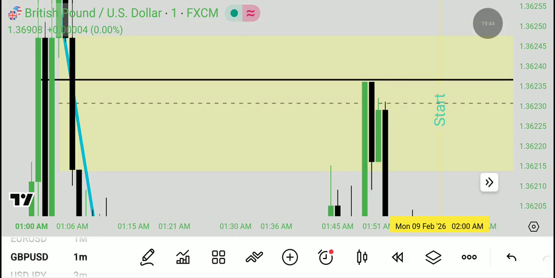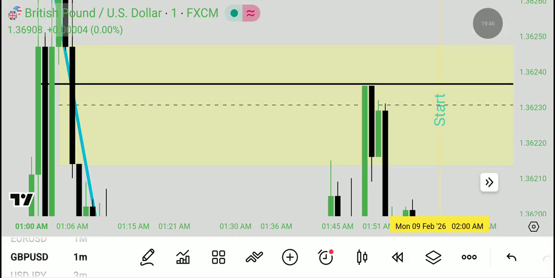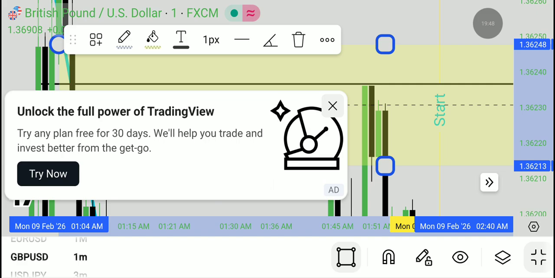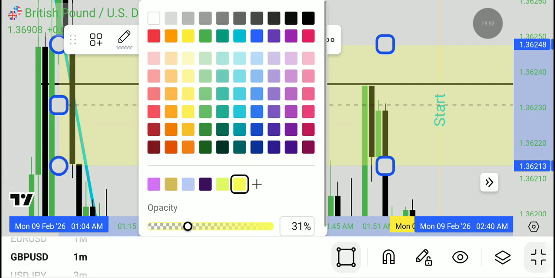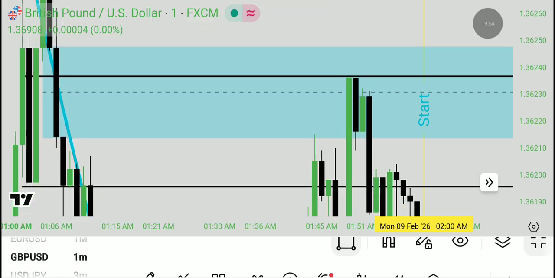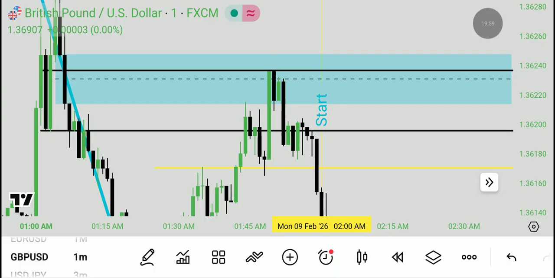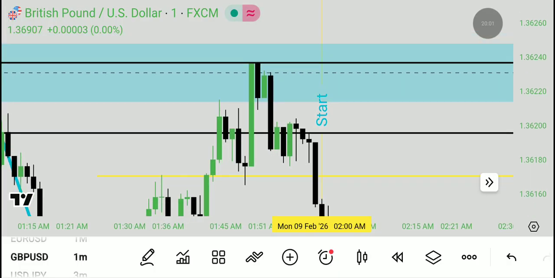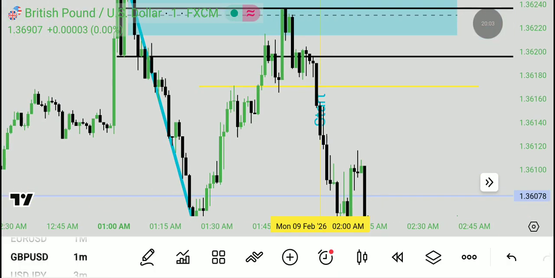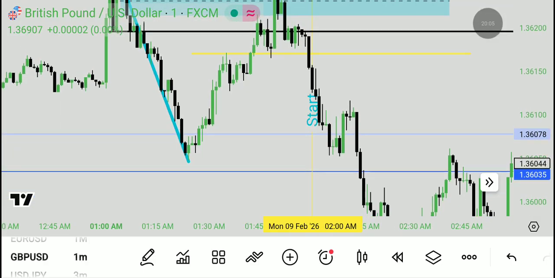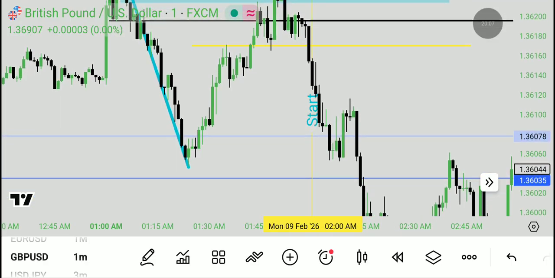Do you see how the market respects the favorable gap perfectly? And then when the market has moved perfectly to the gap, they are now coming down, and you can see below there is weekly gap.